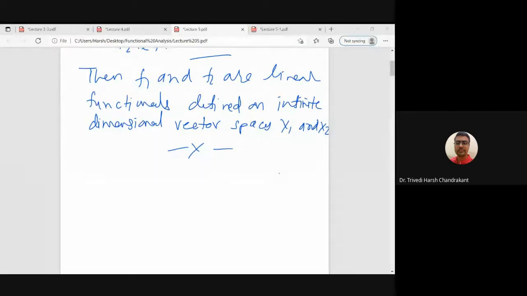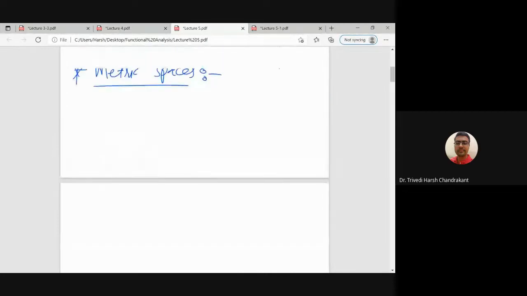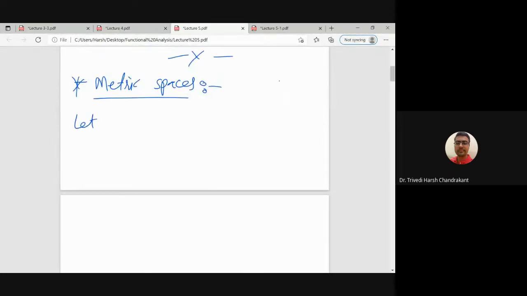Okay, so now we want to discuss metric spaces and some examples of infinite dimensional vector spaces, which are related to functional analysis. If you recall the definition of length, let X be a non-empty set.